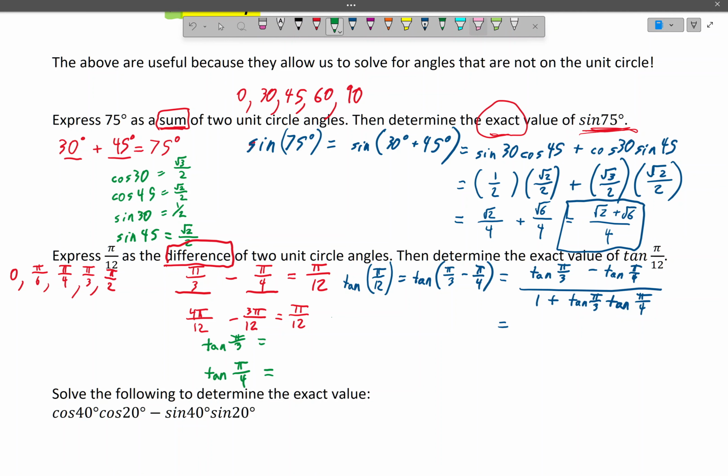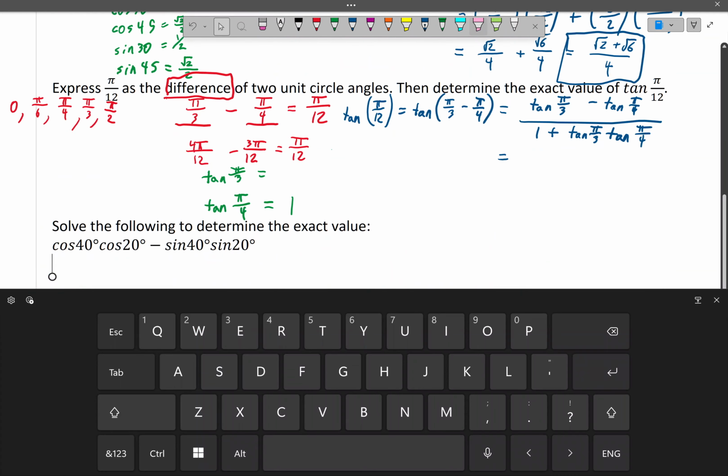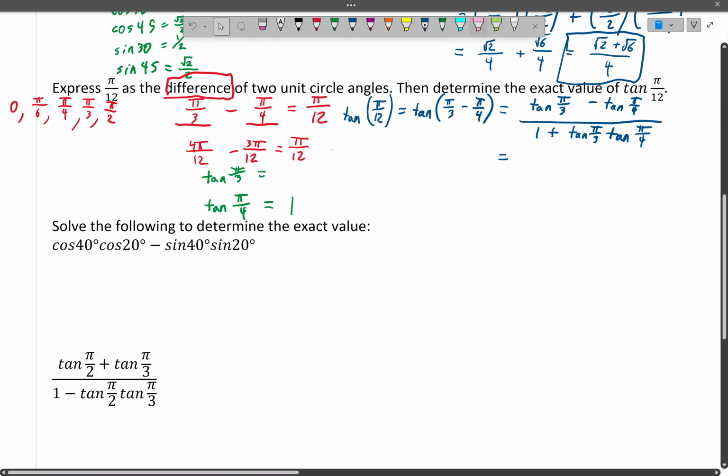So pi over 4 is 1 because it's opposite over adjacent, and it's a 45-degree angle triangle, balanced on the opposite and adjacent side. The pi over 3 is taller than it is long, so it's going to be root 3.